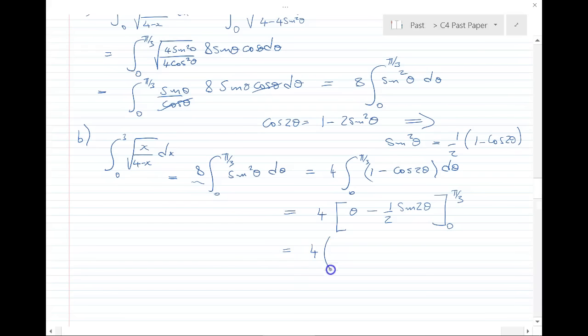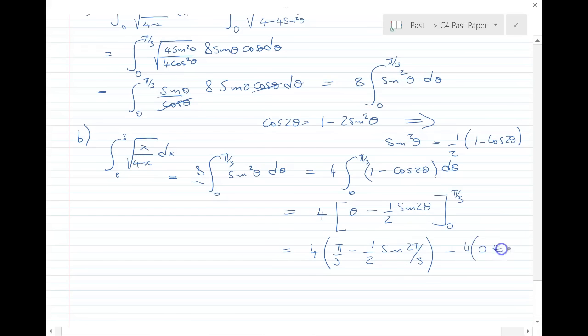Putting 0 for theta is obviously 0, and sine 0 is 0, so we could say that it's just replacing theta with pi over 3, take away half sine 2 pi over 3, and as I just said, that's 0.